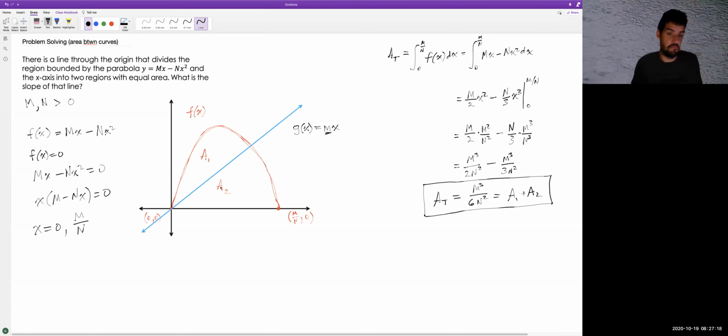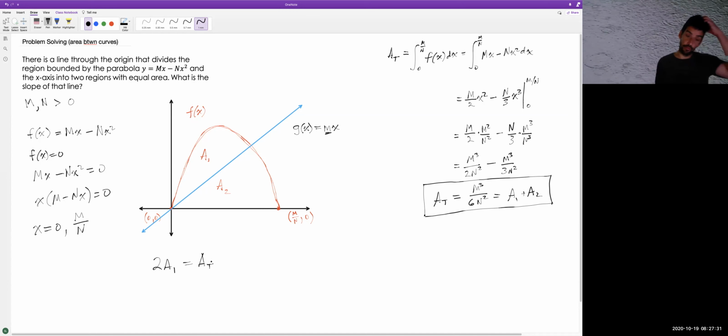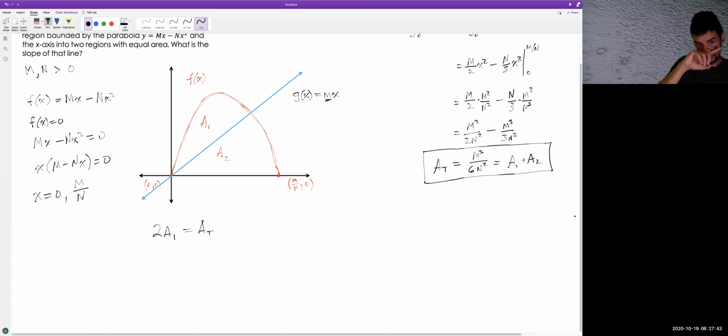That seems like more than I necessarily need to work with. Another way to say that is that 2A1 is equal to the total area, right? If each of those is half of it, then twice half of it gives us the total, right?